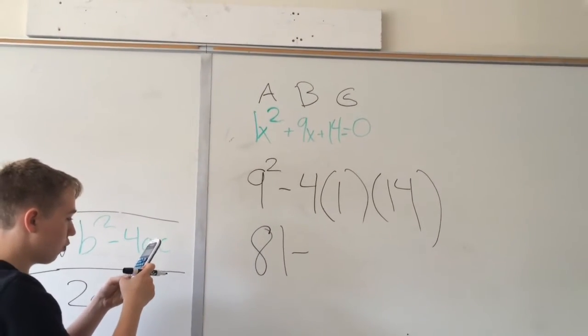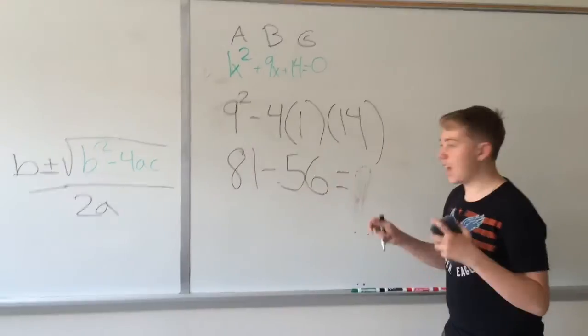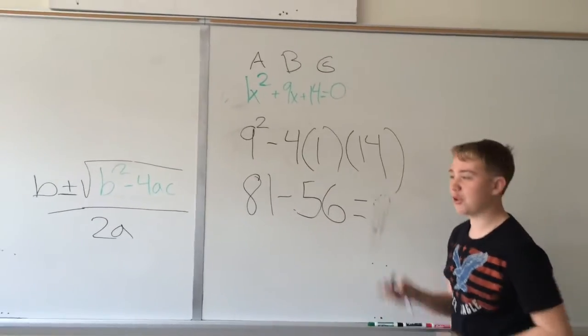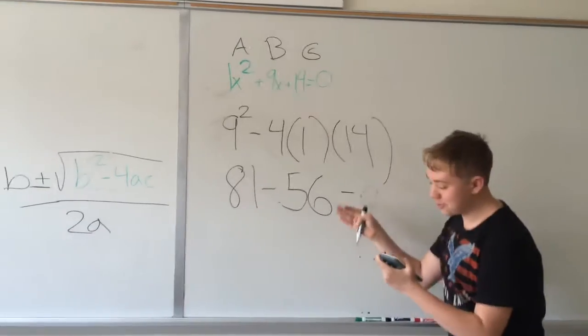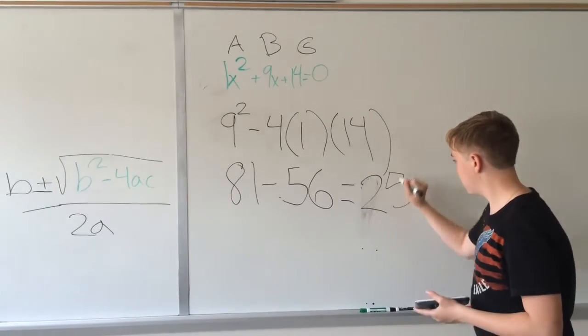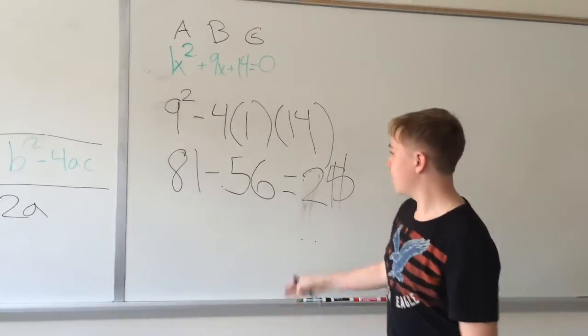And 4 times 14 is 56. Now kids, what do you get when you minus 81 and 56? The answer is 25. That's right, 25. Excellent. Now, we solved this part.